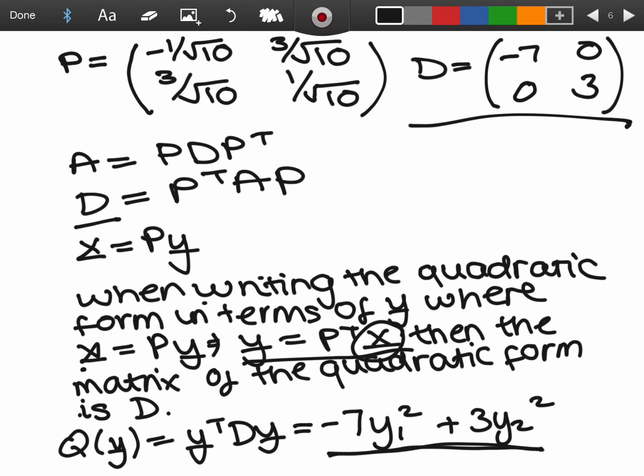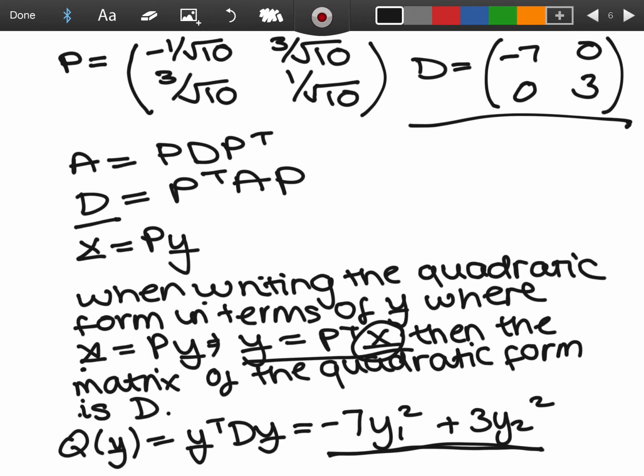So if you have the quadratic form both in terms of X and Y, where they have given you this change, or you may have to work it out for the change of variable from X to Y, so you've diagonalized that matrix, you know what the matrix P is. When you've done that, you can either plug in the X that they give you, it could be like X is equal to 3, 5 or something.